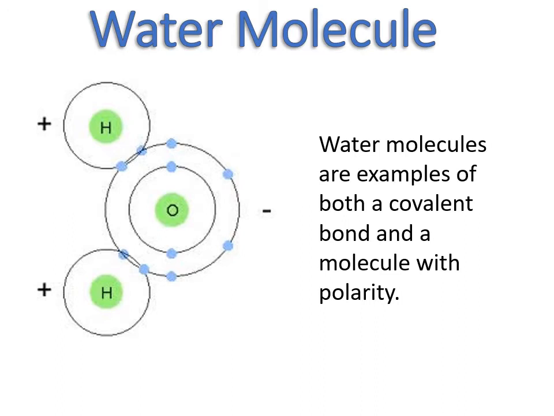So you can imagine when water's floating around in the body, because we're basically composed of large amounts of water, it has a slightly negative charge and a slightly positive charge to the molecule.